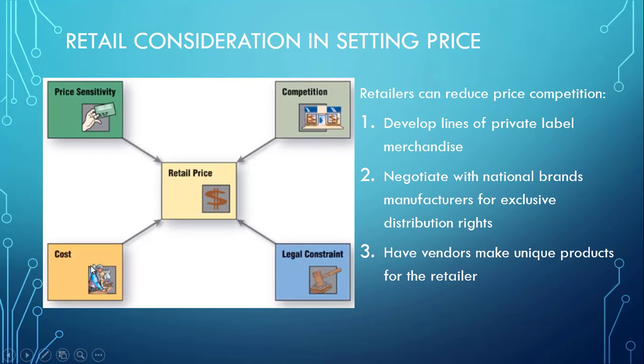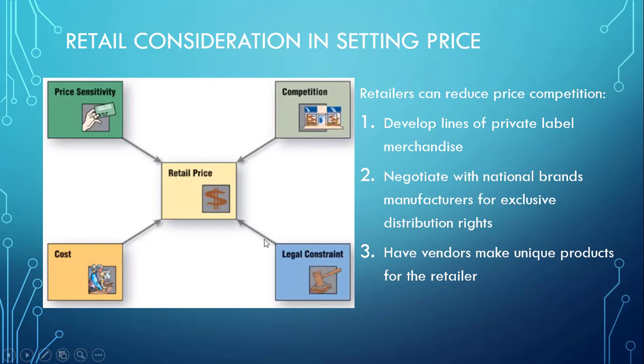The rent that you pay in Bole and the rent that you pay at Mercato is different. So when you purchase a product from Bole, you might get a higher price because of the cost that the retailer incurs. When you purchase the same product in Mercato, the price will be lower. So the cost has a direct relation with price.